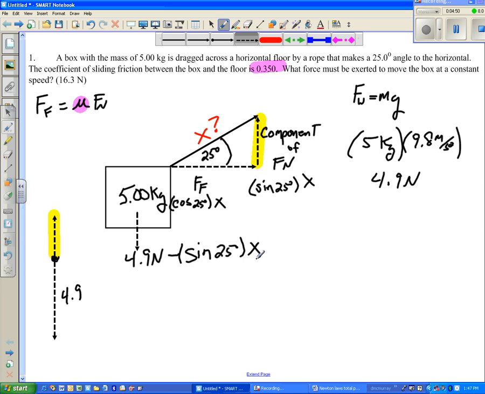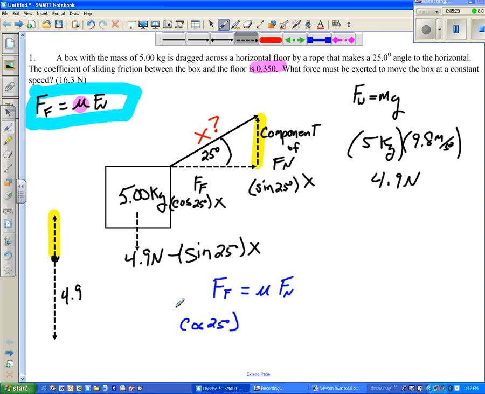Enter friction equation. Remember our friction equation here. Now I'm going to use this because I have a representation of every variable in it. Because what I can do here now is say, well, what is FF? I'm going to rewrite it over here. My FF equals my mu times my Fn. And what is FF but the cosine of 25 times x?